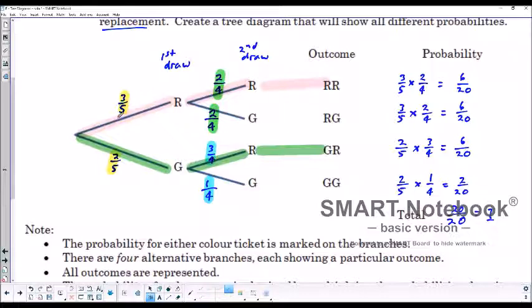So for each one of those 3 red tickets, they each have a 3 in 5 probability of being pulled. So for each one of those 3, we've got a 2 in 4 probability of picking out one of these 2 red tickets. Okay, so that's why we get the 6, because there's 3 tickets followed by 2 tickets, so we get 6. That's kind of how that works, and that's why we're multiplying them together.